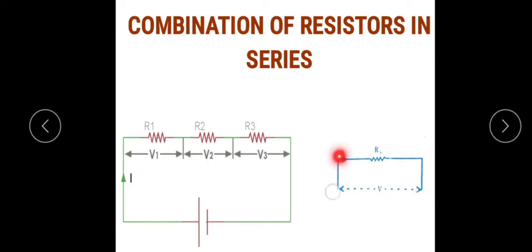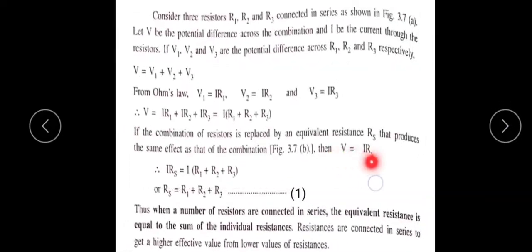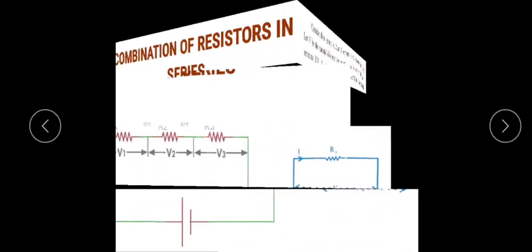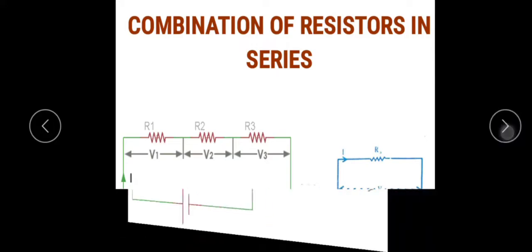This is the equivalent resistance. So from Ohm's law, V is equal to I into Rs.